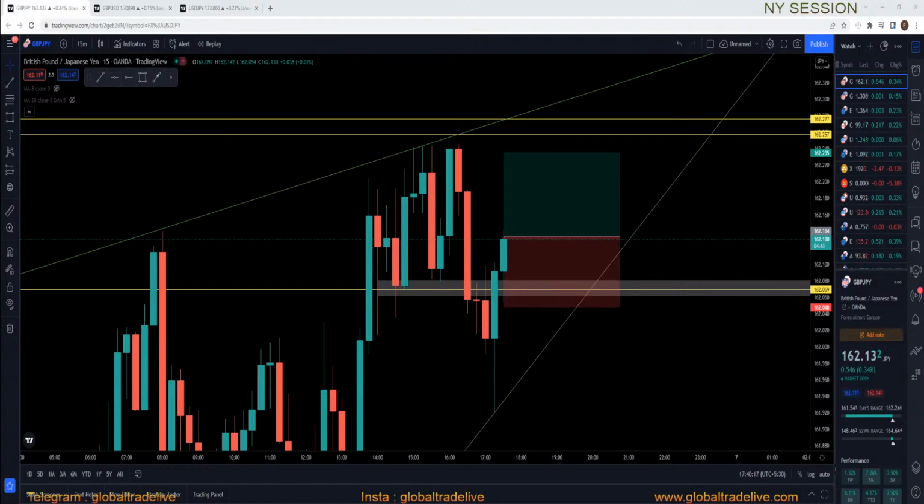Let's see if we get a push to the upside. This is the last 5-minute candle of the current 15-minute candle. Let's see. I closed half of the trade over here to manage the risk.